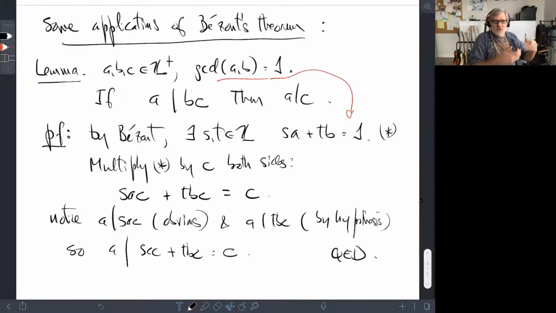I don't need to compute S and T. As long as they exist, I can just use them and that's it. Here is a consequence of this, which, I mean, we could go on for a long time on this, but it's an alternative definition of what a prime number is. And it's a consequence of this lemma.